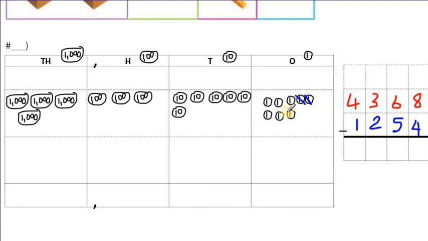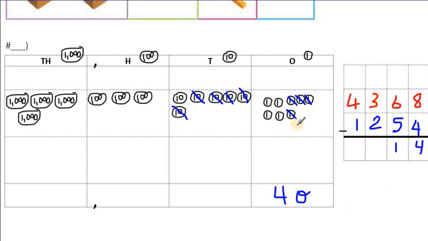1, 2, 3, 4. And 4 ones are remaining. 4 ones. Subtract 5 tens. 1, 2, 3, 4, 5 tens leaves 1 ten. 6 tens minus 5 tens is 1 ten.